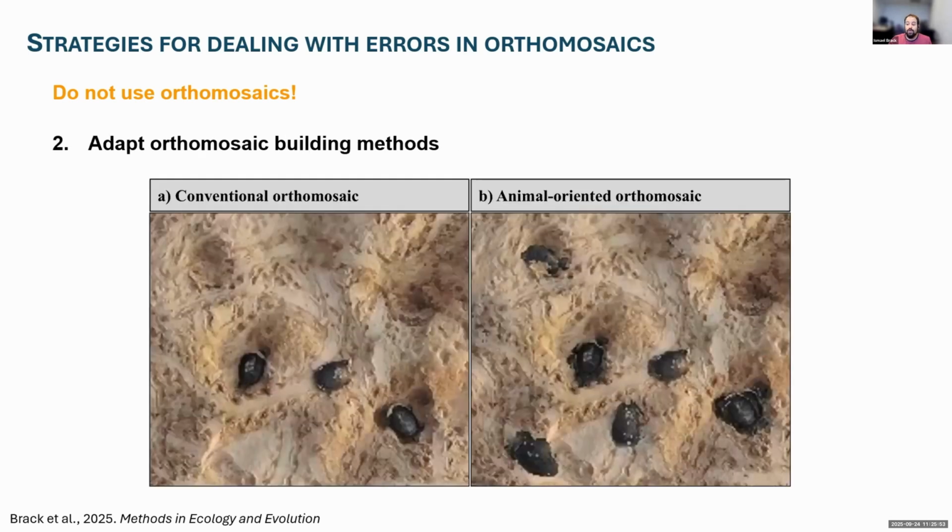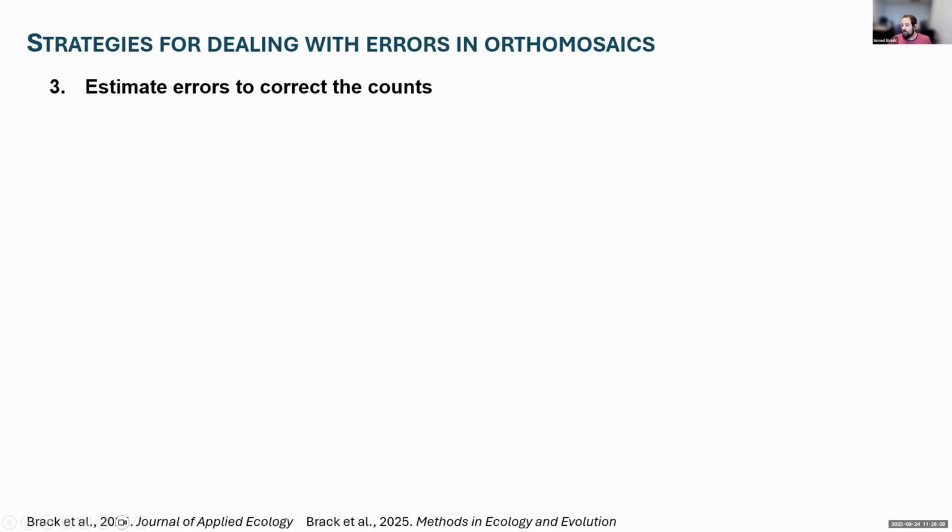We can try to adapt the orthomosaic building methods, for example, trying to prioritize the pixels of the animals in the final mosaic, exemplified here. Or we can try to estimate these errors associated with orthomosaics.